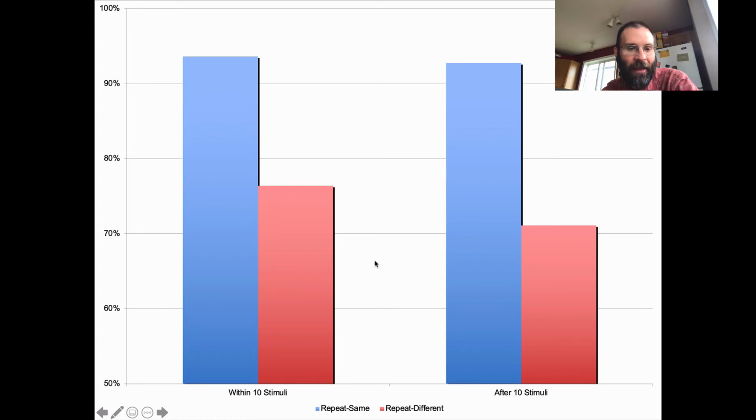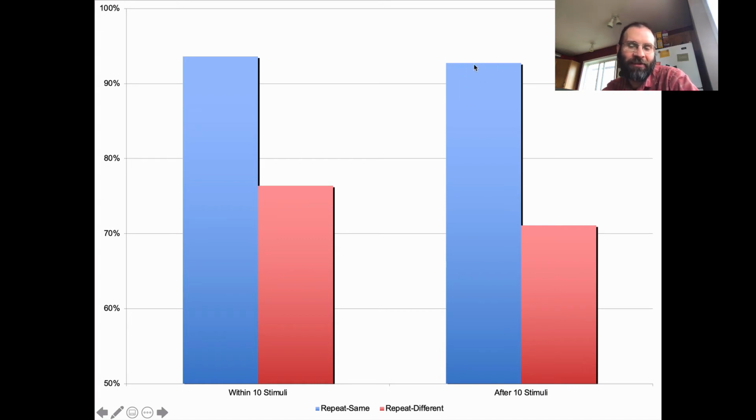This is looking at the same difference between the lags and how long it takes you to hear the repetitions. So this is repetitions within 10 stimuli in the list, because I've used the same list consistently over the years. That's about 93% to like 77%, so that's like a 16% drop off in accuracy when it's repeated in a different voice. The same voice tokens are pretty persistent in memory.